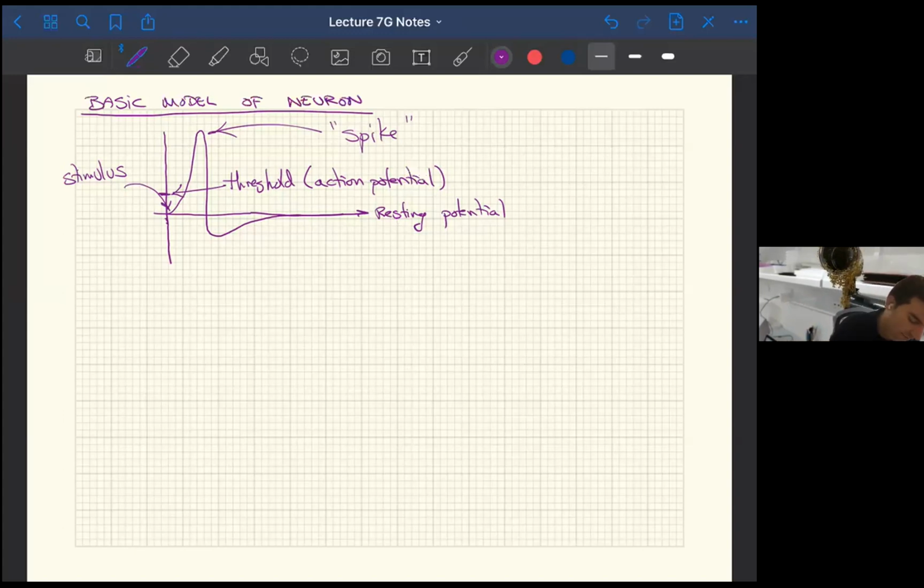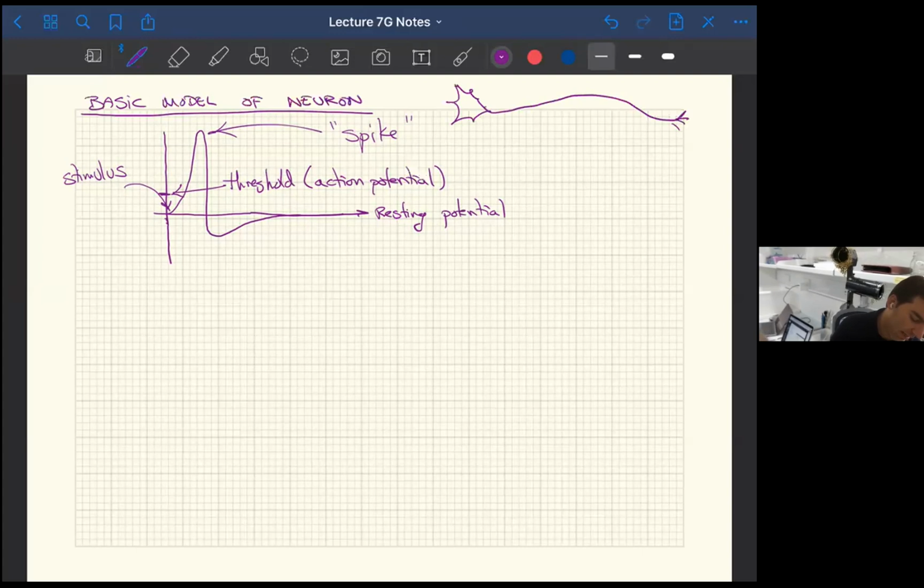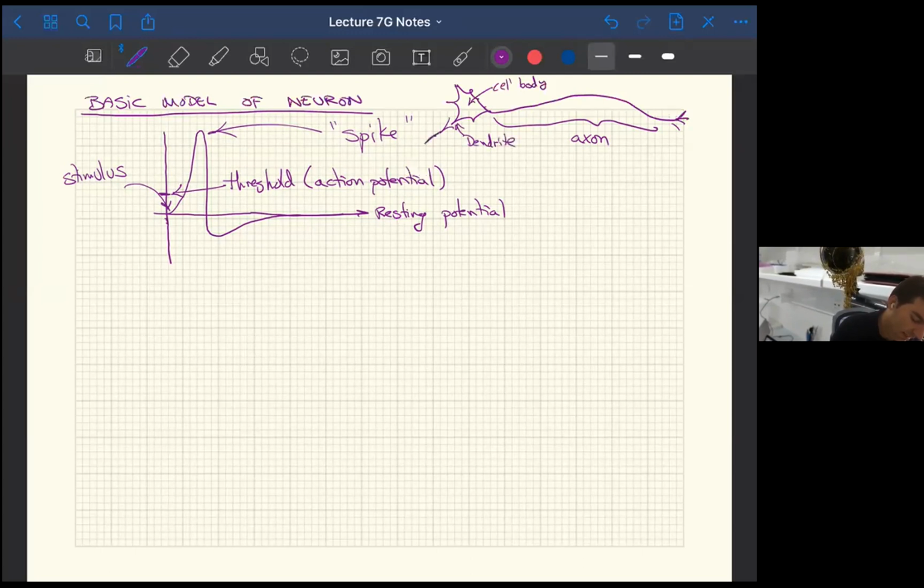And so if you have this neuron here, then you've got the cell body over here, and you've got this long axon, and there's some other neuron that terminated on this dendrite, and then someone else's axon. And so there is a synapse between these two.